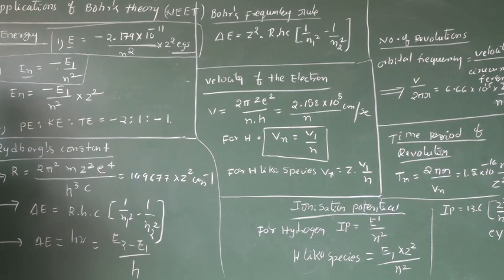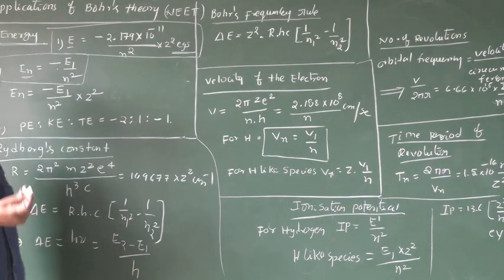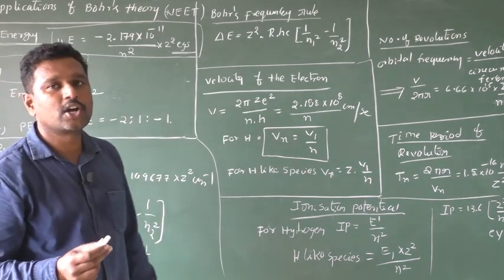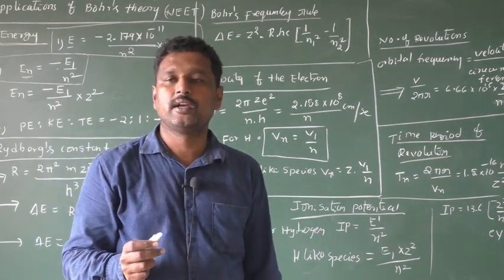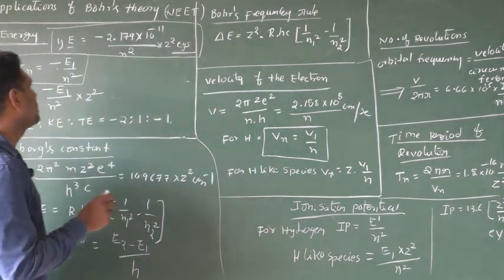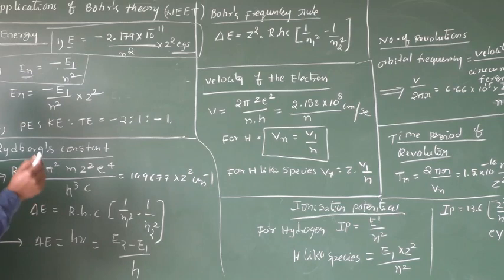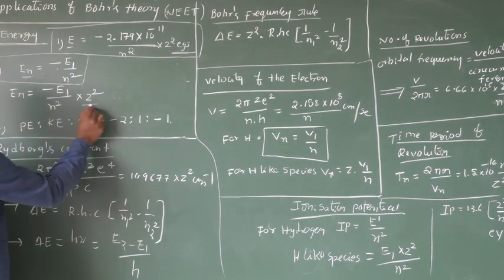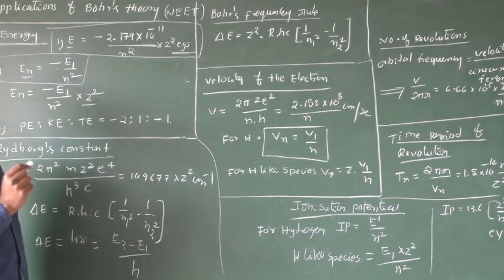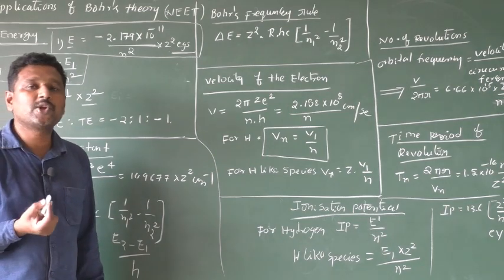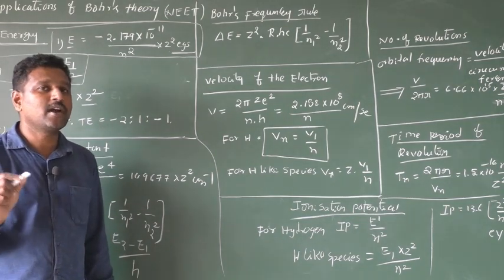For hydrogen-like species, for hydrogen the Z value is 1 because the atomic number of hydrogen is 1. For hydrogen-like species, the Z value is not 1.